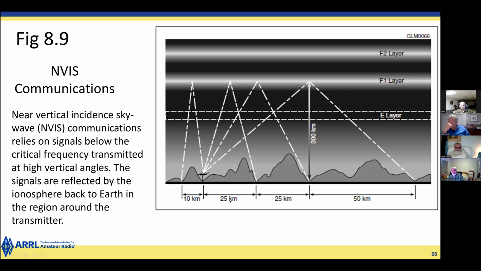Here, 25 kilometers is about 15 miles, so we're talking out to about 100 miles on this picture, and it can go up to a couple hundred miles. If you have a low antenna on 40 or 80 meters, this is generally what's going to happen.